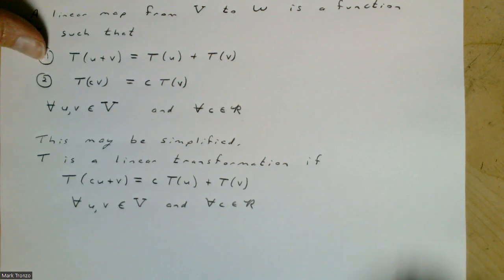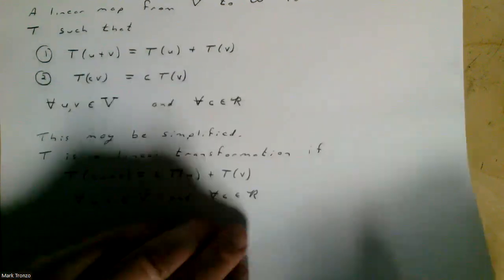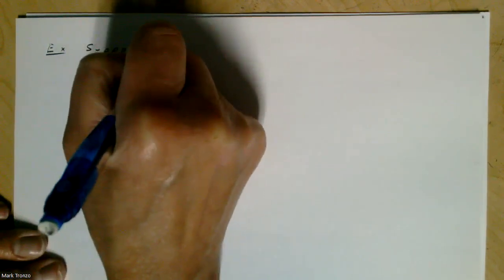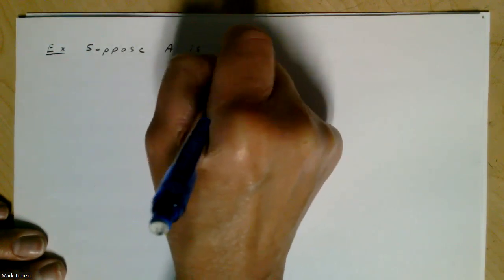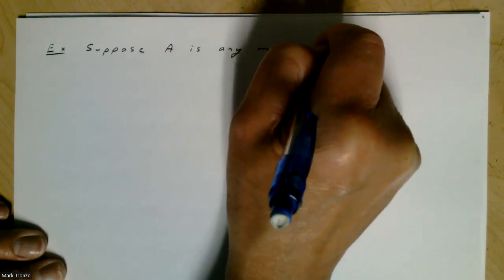And now if you have a matrix, you can always turn a matrix into a linear transformation. So let me show you what I mean by that. Suppose A is any m by n matrix.